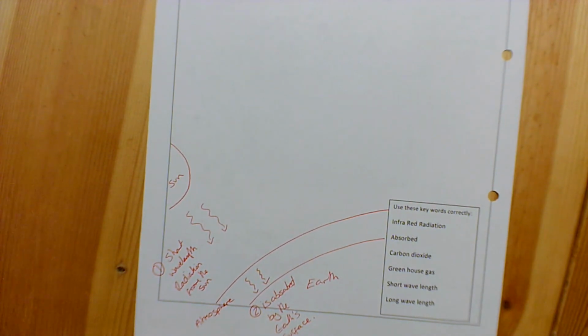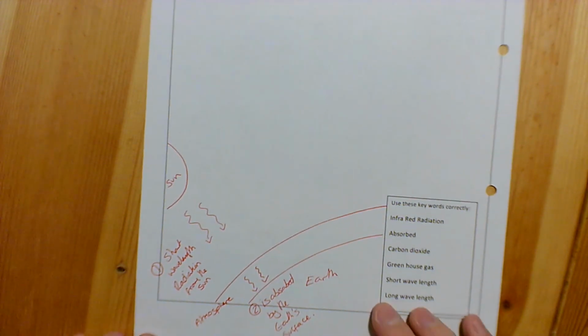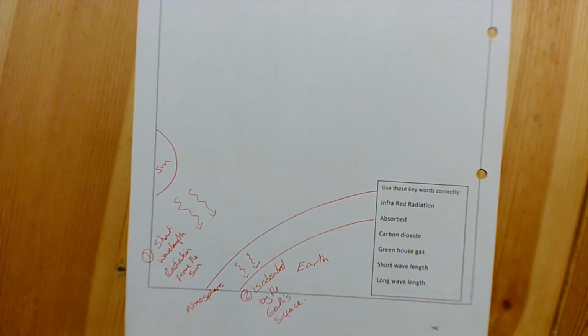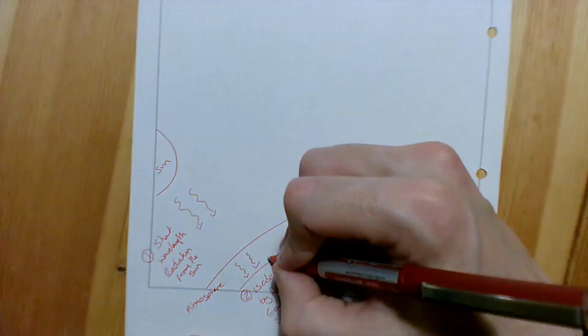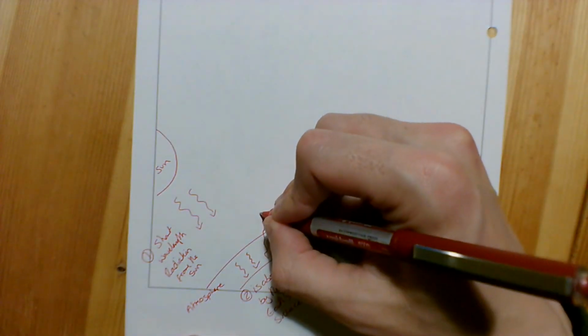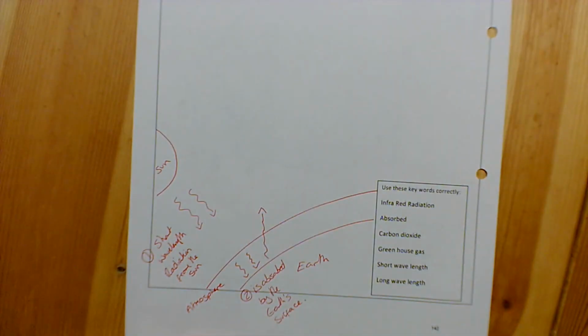Okay, but only a very, very small fraction of it is actually absorbed, and the rest of it is re-emitted. Now, some of it is still quite high energy and is able to escape back to space.